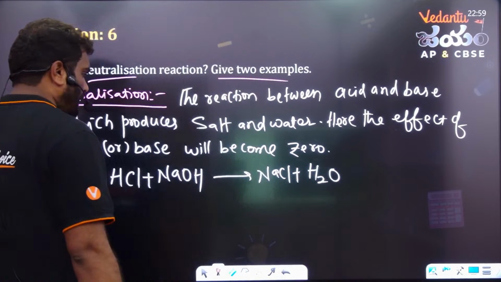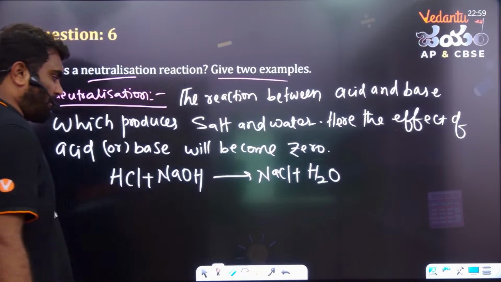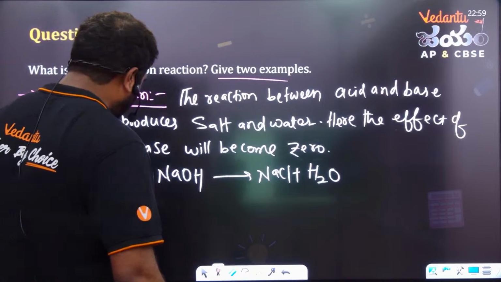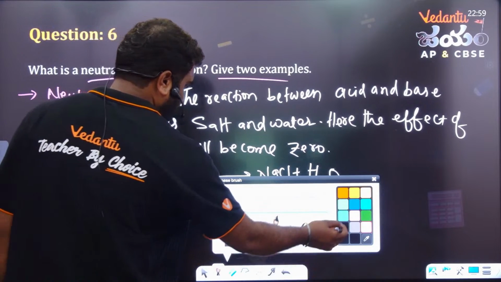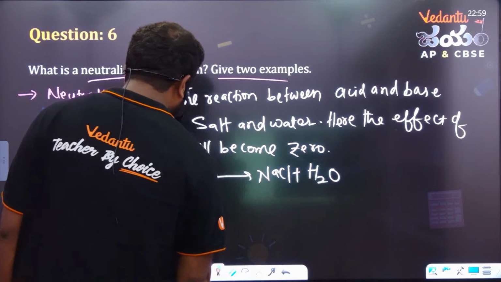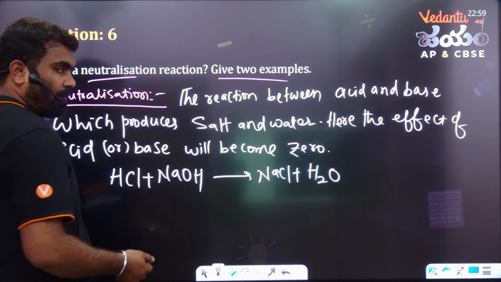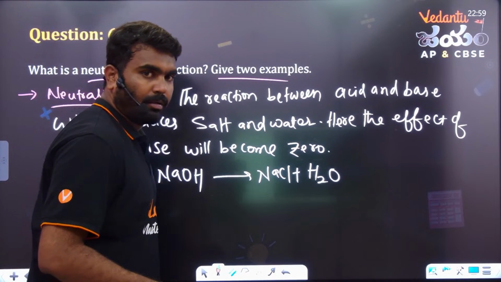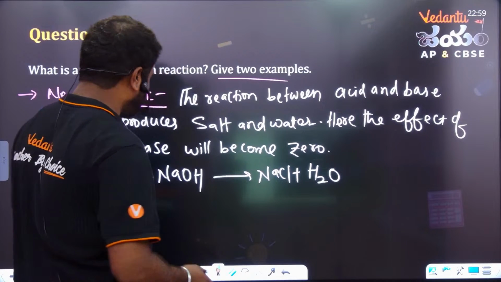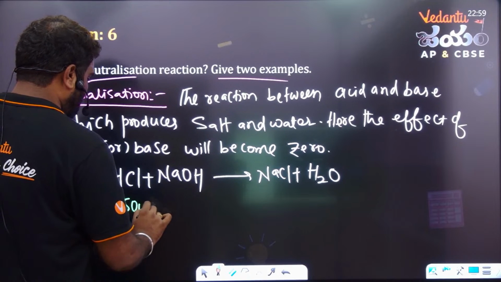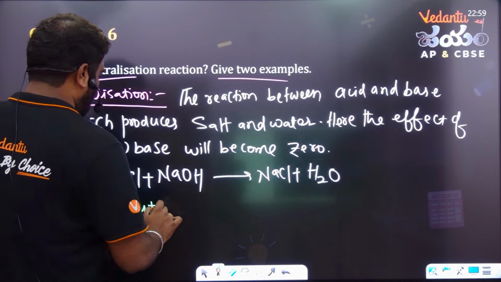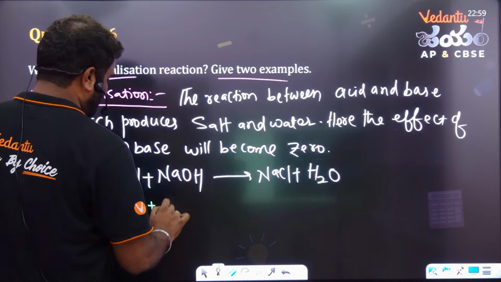Okay, can anyone give another example? What can we take? Here I am taking sulfuric acid with what, beta? Or let me take a weak base, ammonium hydroxide.